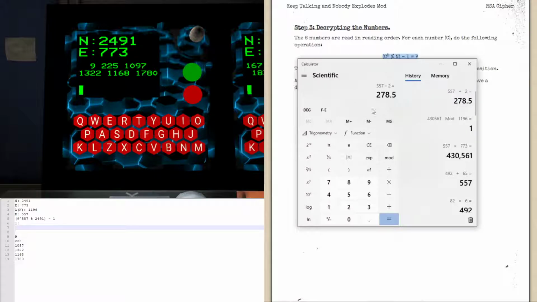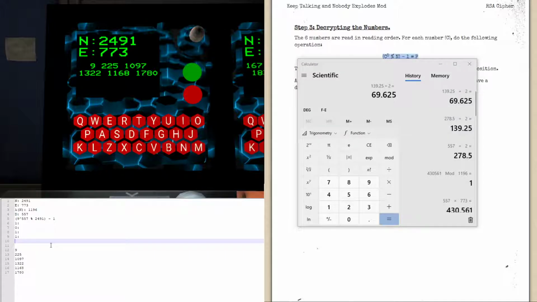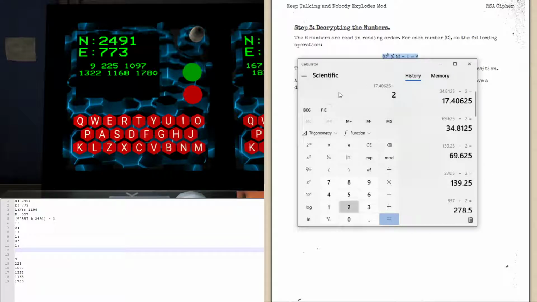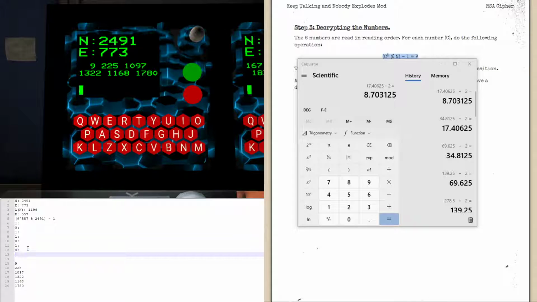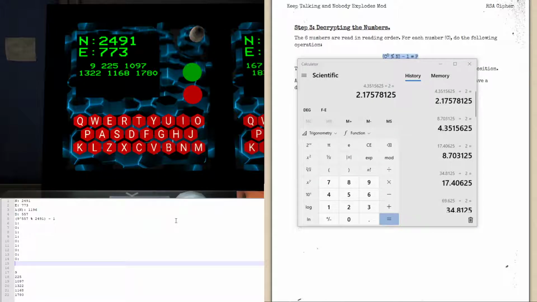Now, this is an even number, so we're going to place a 0. Divide by 2. This is an odd number, so we place a 1. This is an odd number, so we place a 1. This is an even number, so we place a 0. This is an odd number, so we place a 1. This is an even number, so a 0. This is an even number, so a 0. This is an even number, so a 0. And finally, this is an odd number, so we place a 1.